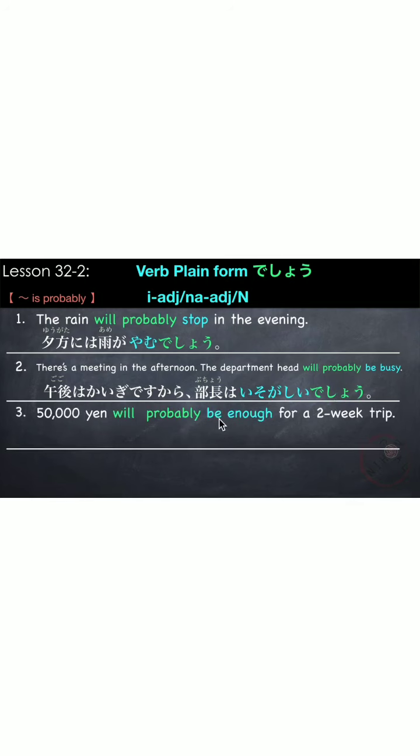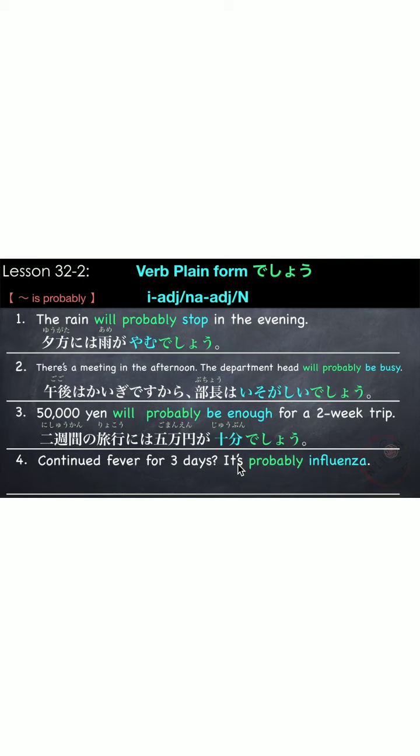Another example is using a na adjective. 50,000 yen will probably be enough for a 2-week trip. 2週間の旅行には5万円が十分でしょう。And lastly, we will use a noun.